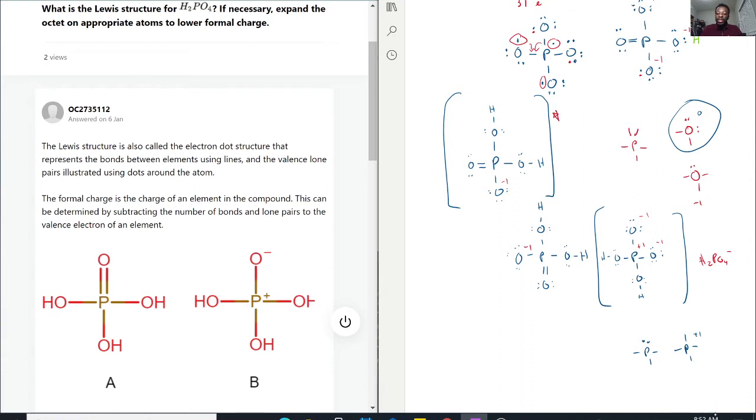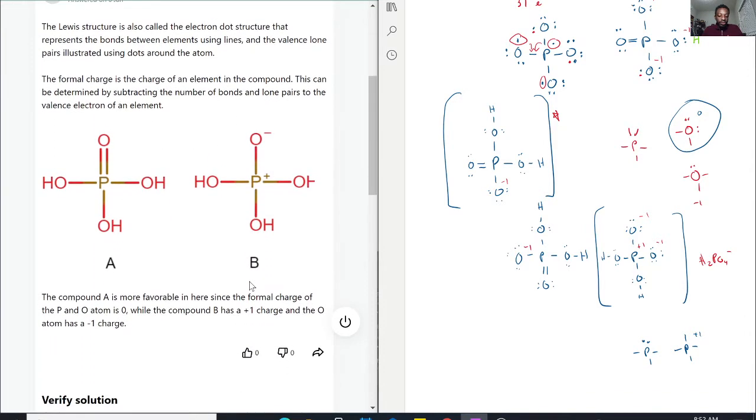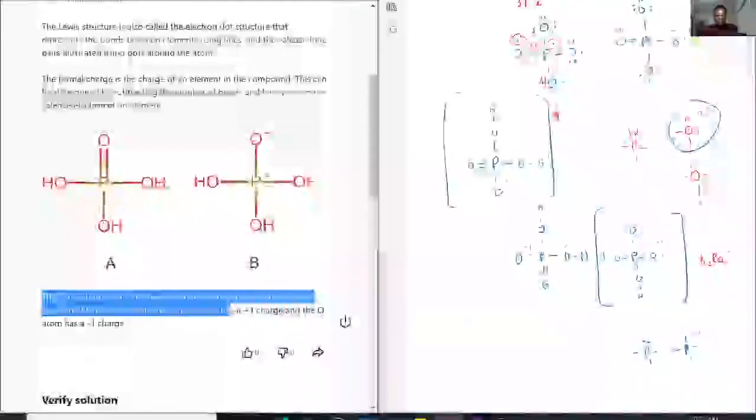The starred one is the most stable because here there are a lot more formal charges that are not equal to 0. These two should reorganize so that they would cancel out their formal charge. So that's why B, as seen in this picture, would actually be more unstable than A. Okay? And exactly as I said, compound A is more favorable in this case.